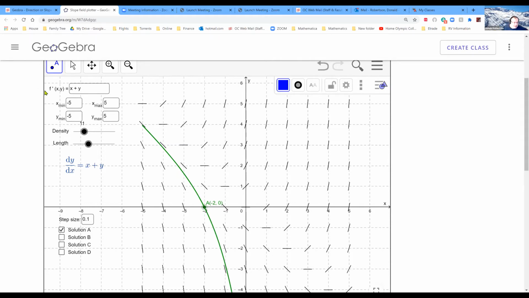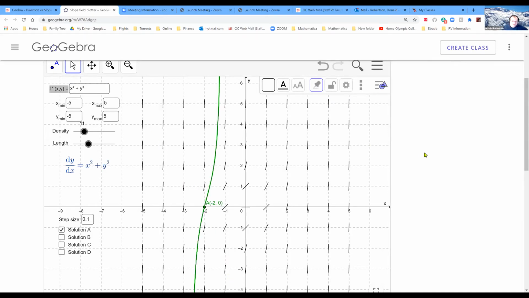Now you can put any function you like in here. How about this one? X squared plus y squared. I think I have to click out of it to let it reset. There you go. And do you see that direction field looks quite different?